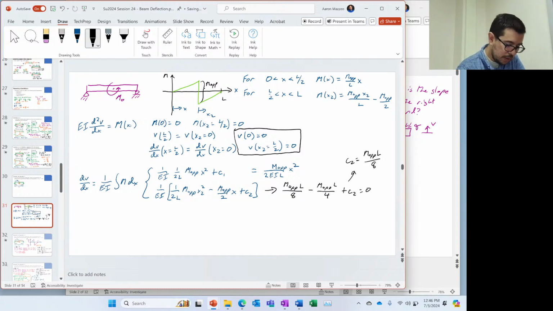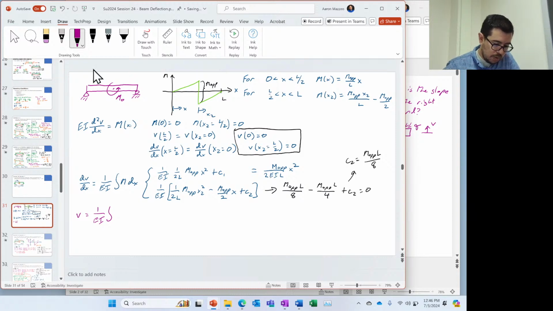So now we have v, right, integral of this expression over here. Or I guess, well, yeah, we can just, that's fine. So we've got to do these two. So we've got this M_AP x squared over 2EIL.